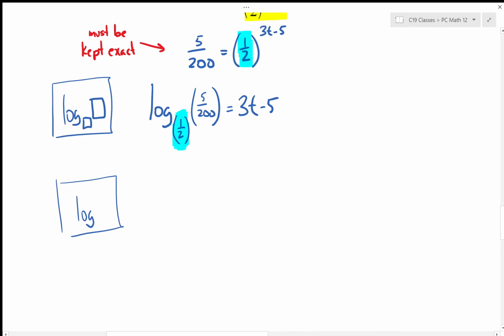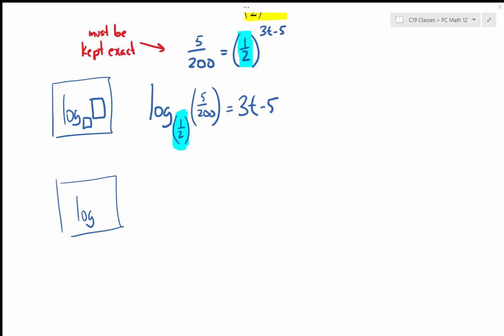So I have to use one more of my log rules. I've basically taught you 2 log rules right here, 3 if you look back and see the one where I drop the exponent and make it the coefficient, which is another very important rule. But in this case, I have another log rule because my calculator doesn't have the button with the 2 boxes. It just has the log button, which is log base 10.